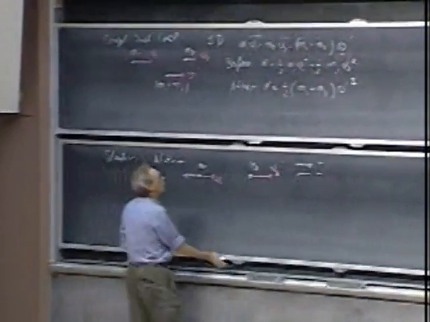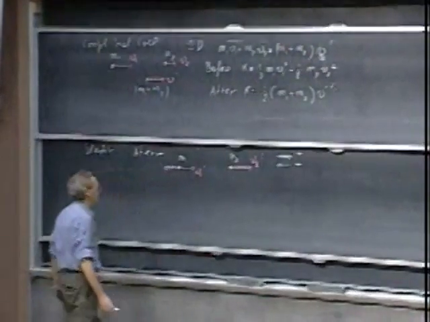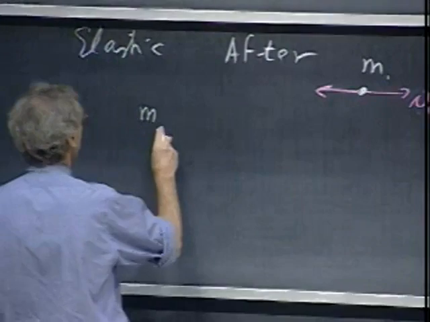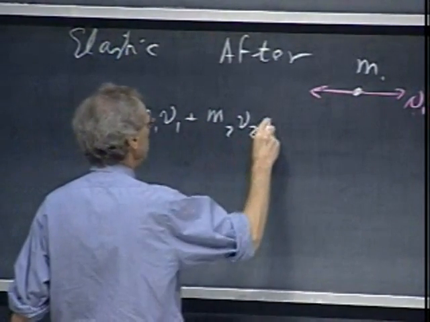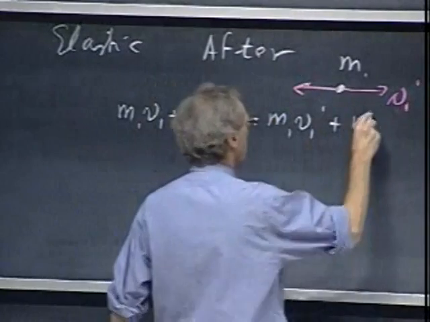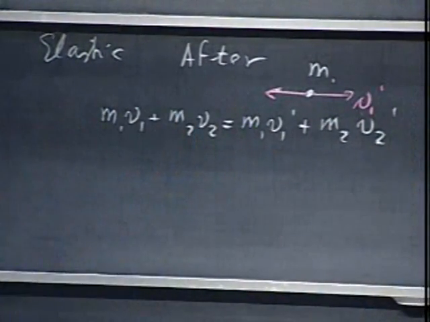So now we can apply the conservation of momentum if there is no external force on the system. Internal forces are fine. So now we have m1 v1 plus m2 v2 equals m1 v1 prime plus m2 v2 prime, conservation of momentum.